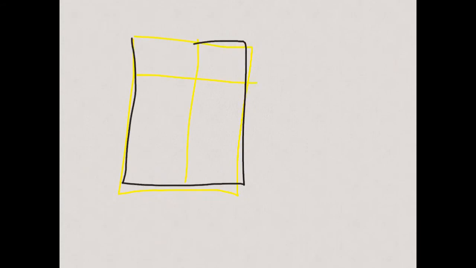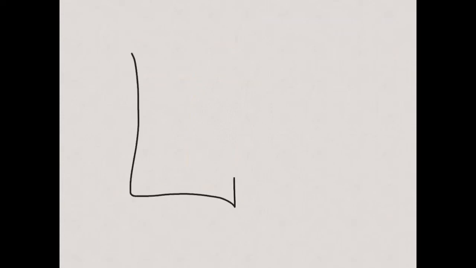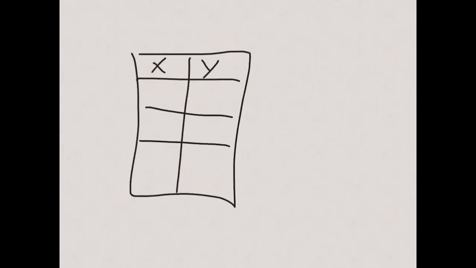Now, let me open another page. Let's do this in black instead. Here's my X, here's my Y. Okay, so let's say I have 1, 0, 1, 0.